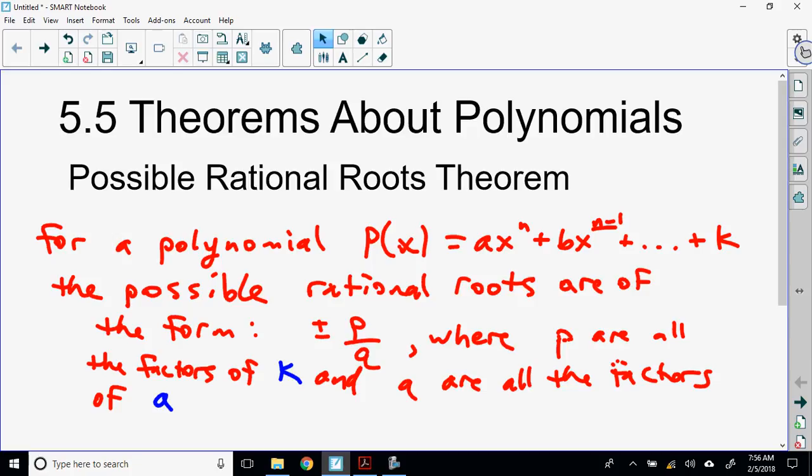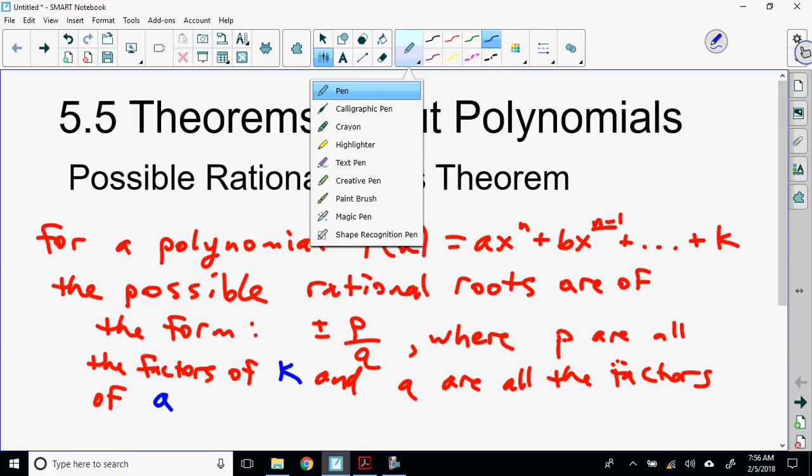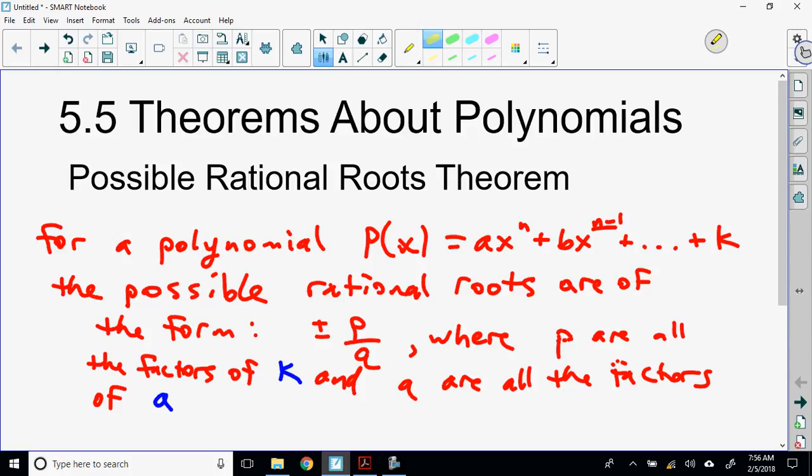What this theorem is really saying is if you want to know what the possible rational roots of some polynomial are, all you've got to do is just look at it. You're looking at the constant, and you're looking at the leading coefficient, and that's it.